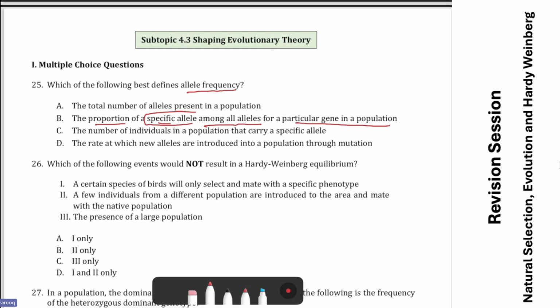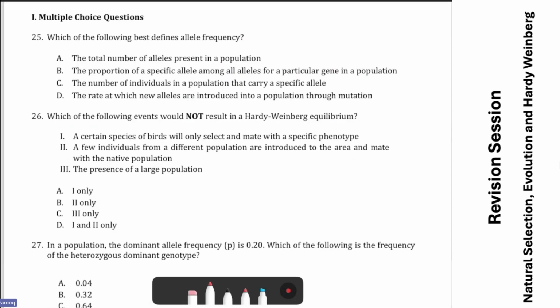So that's the definition of the allele frequency. And don't forget that alleles mean copies or alternative forms of a gene. So like A and A, B and B, whatever. So these are the alternative forms.